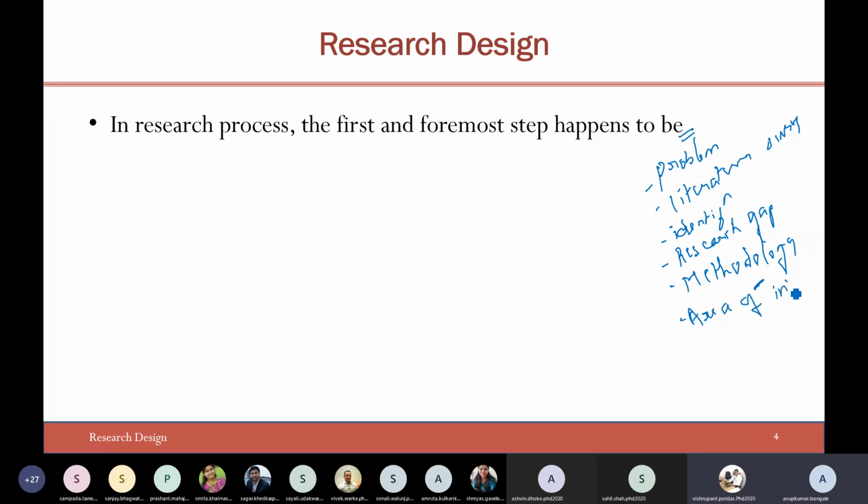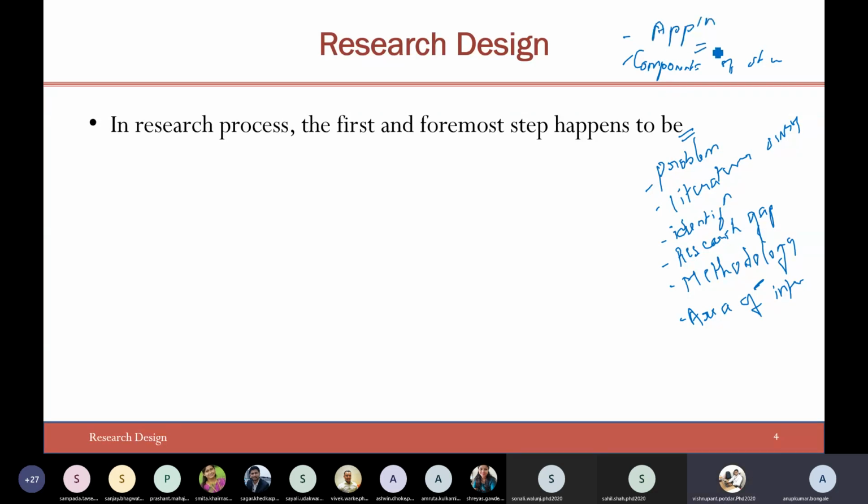Different components of the study in a logical way. Sorry, I'm getting some more points. Different components of the study. Application.